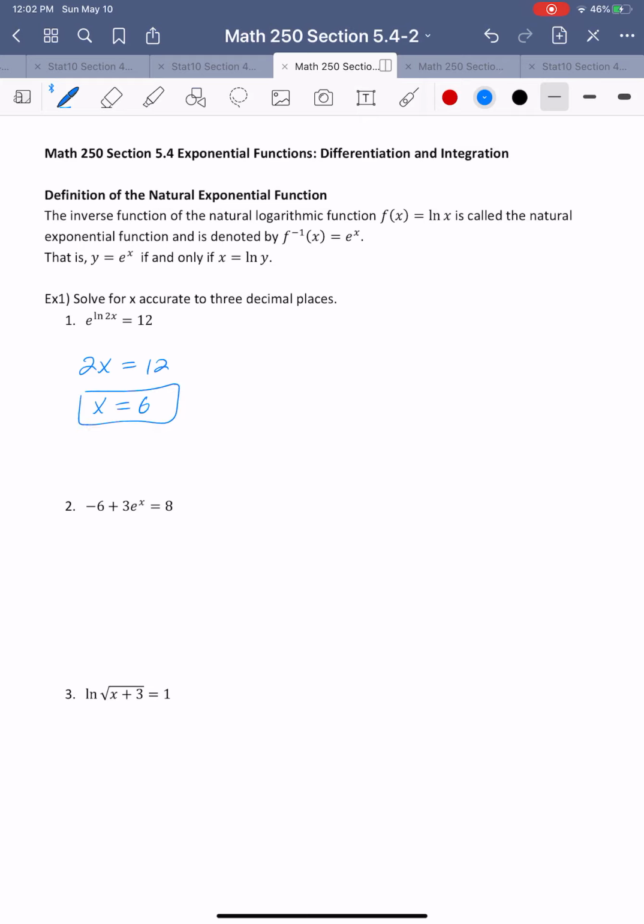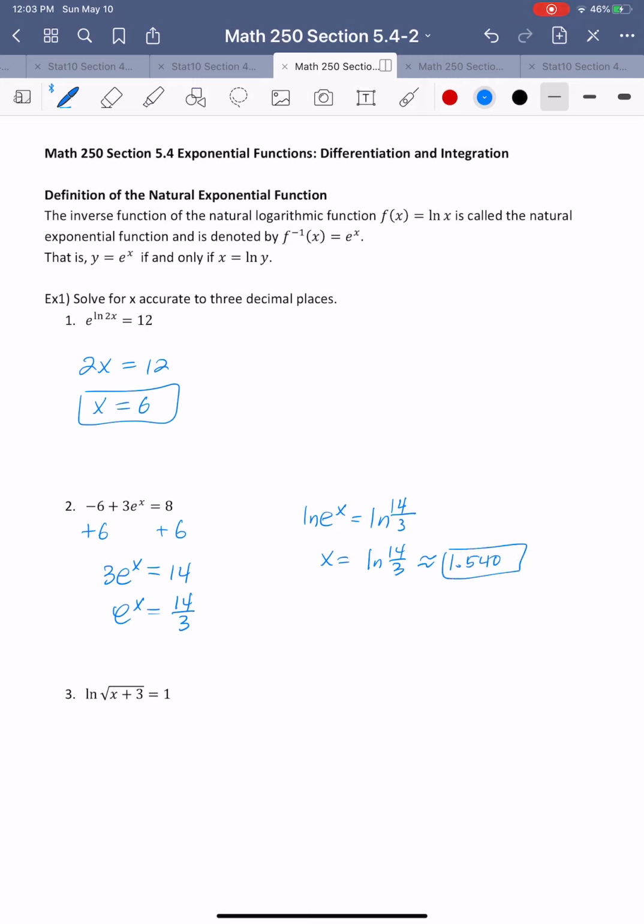And then for x, add 6 to both sides, so 3e to the x equal to 14. And then in order to find x, you can put the ln on both sides. Now x equal to ln of 14 over 3, approximately 1.540. Okay.